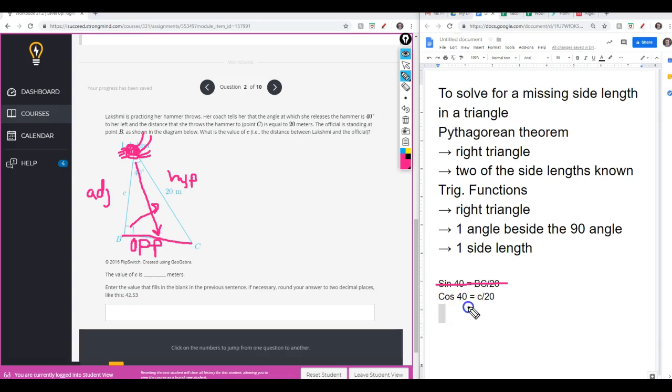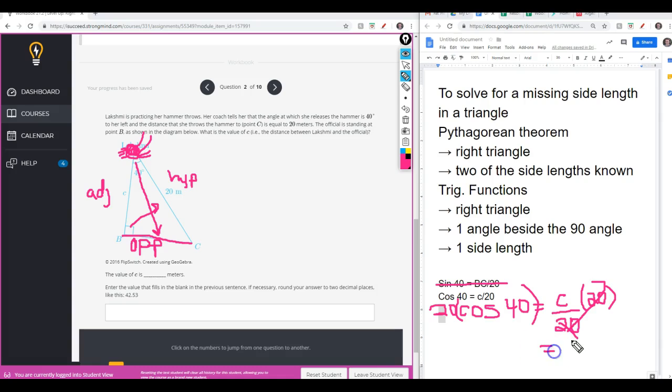So to solve this, we have cosine of 40 is equal to c divided by 20. So since I'm solving for this c and it is in the numerator, it's being divided by 20, I know that if I multiplied both sides by 20, that reduces it out because 20 divided by 20 reduces down to a 1.